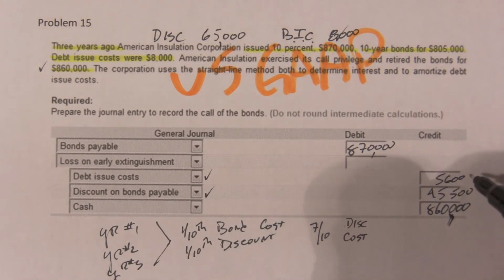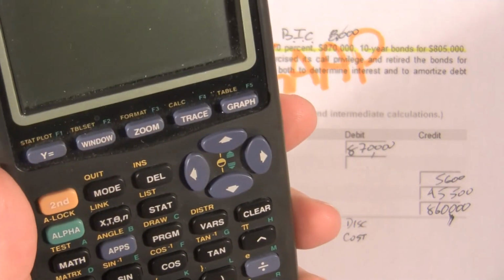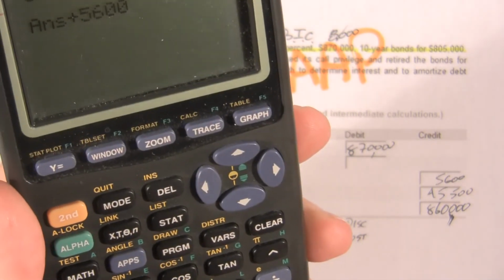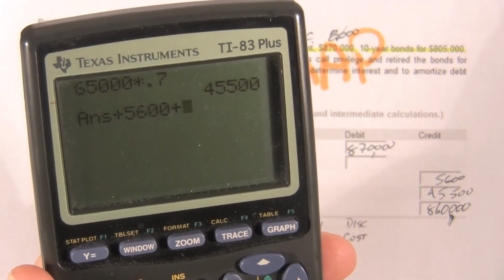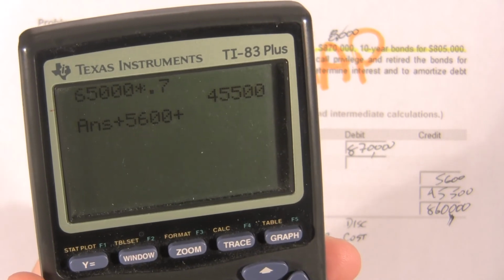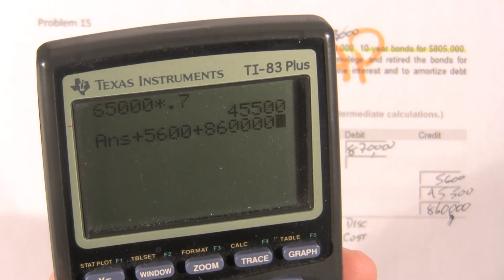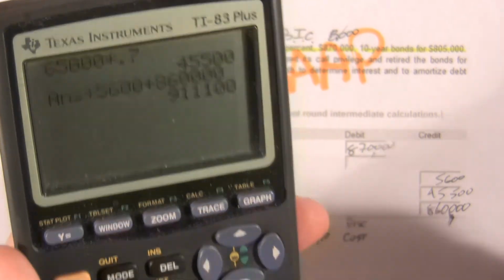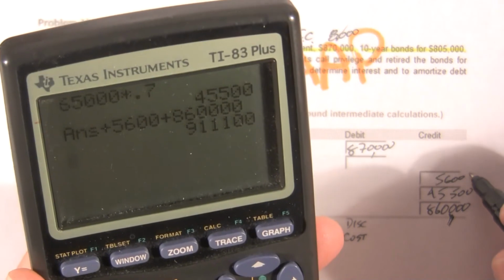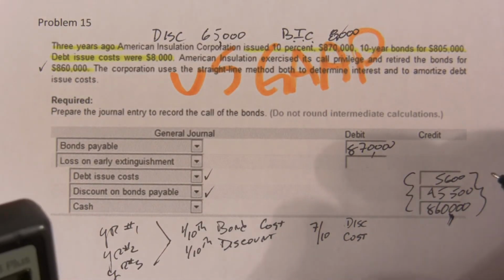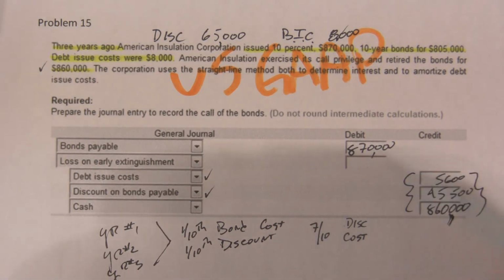So when we add these up, we find out that altogether our costs were 45,500 plus 5,600 plus 860,000, $911,100 altogether.